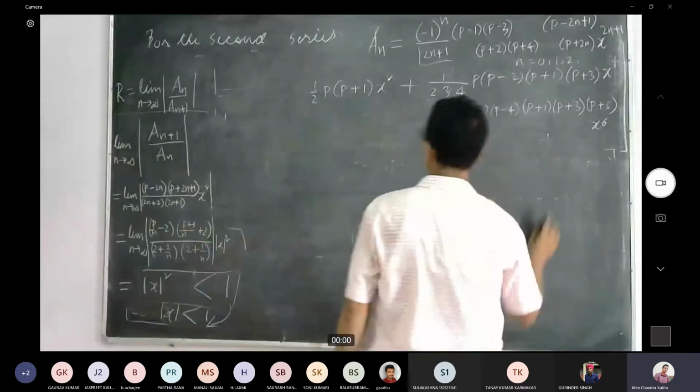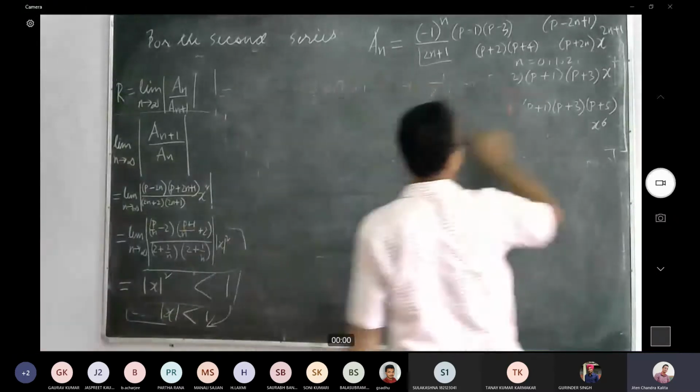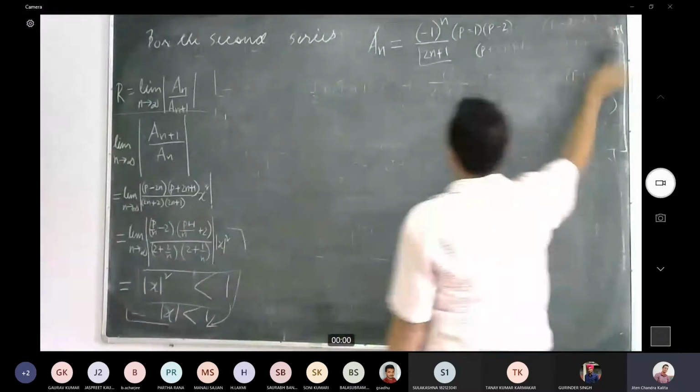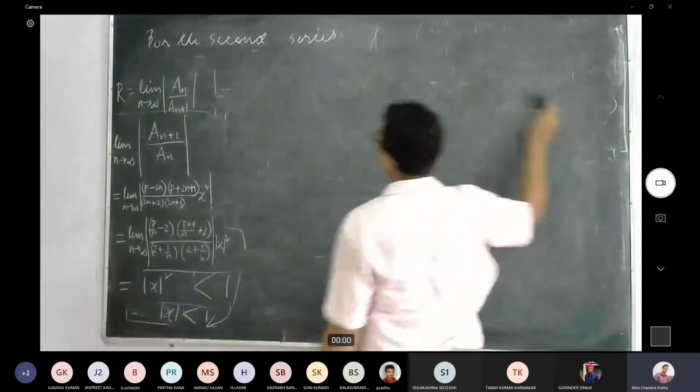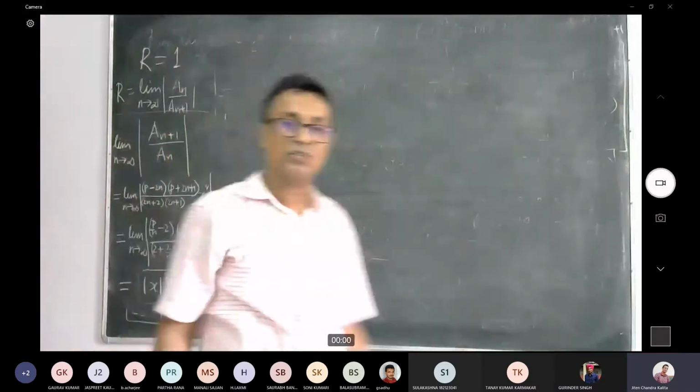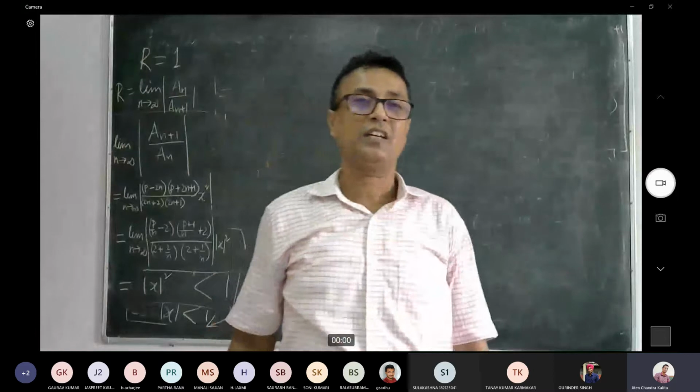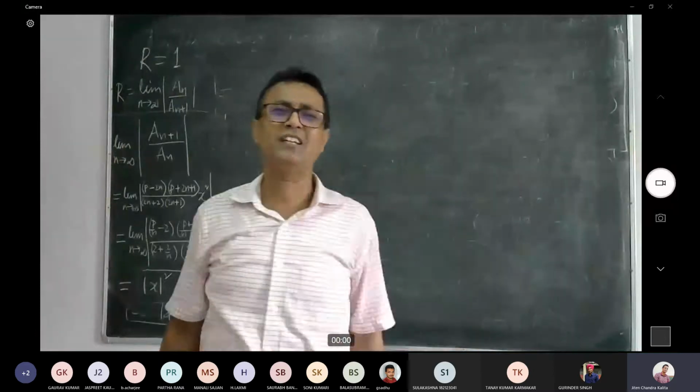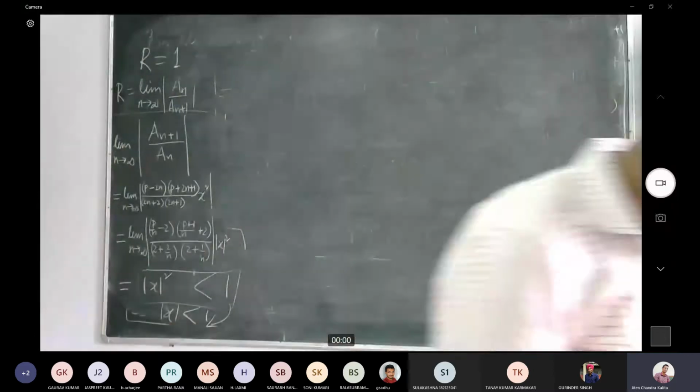Do you find something interesting about this 1? Like, can you relate this 1 to something here? Can you relate this radius of convergence, which I have found as 1 for this particular series, or both the series? Can you relate this to something?